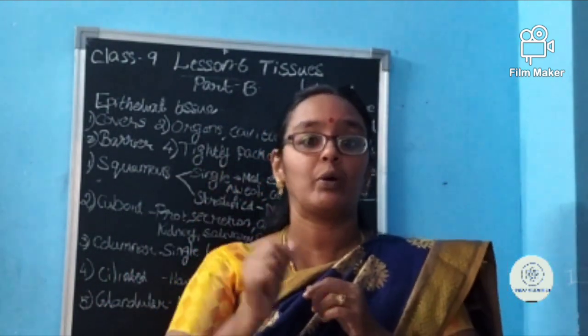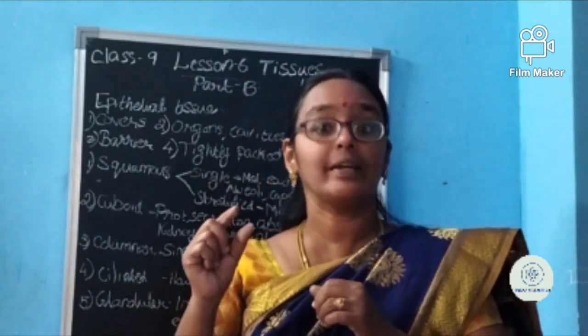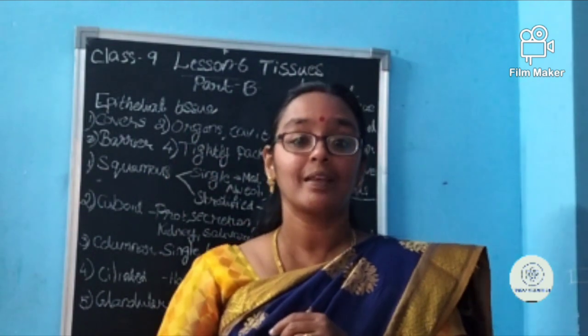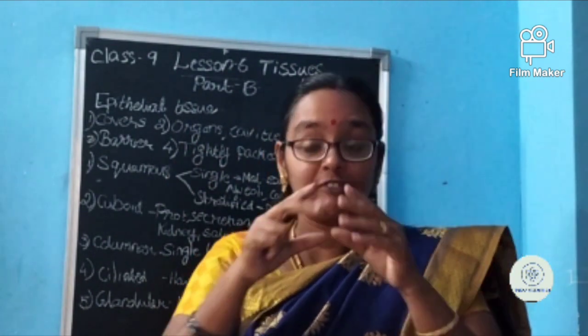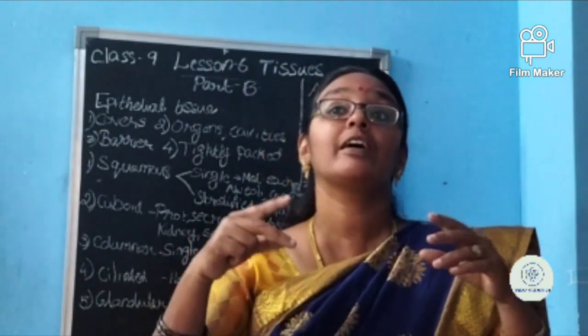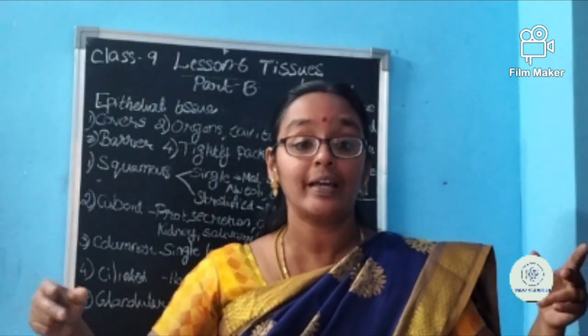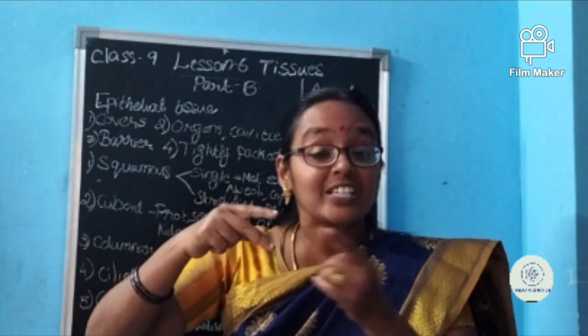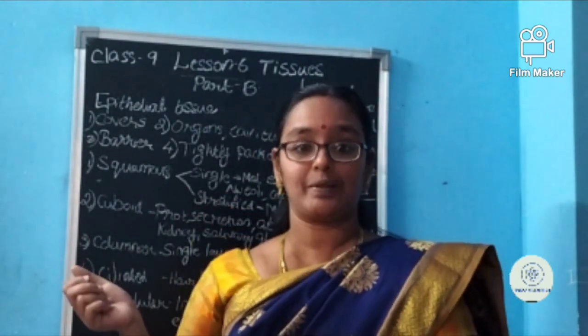Where are the alveoli found? Alveoli are found in the lungs. Do you remember? When we enter the lungs, the trachea splits into bronchi, then into alveoli. Through the alveoli, the exchange of gases takes place, isn't it?